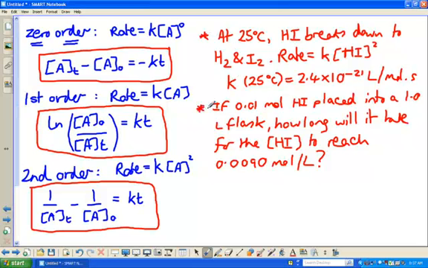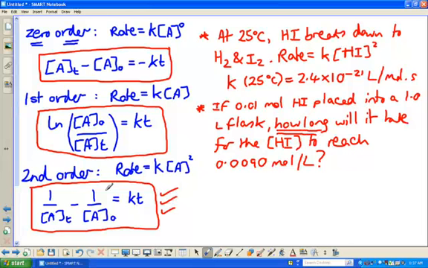So the very first thing we have to do is figure out which integrated rate law I am going to use. We use an integrated rate law because the question specifies time. It says how long will it take for something to happen. In this case, we know it's the second order integrated rate law, so that's the one we're going to go with.